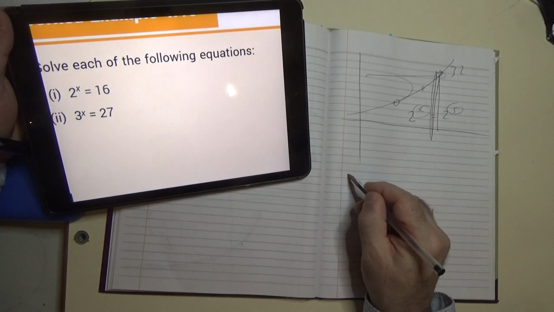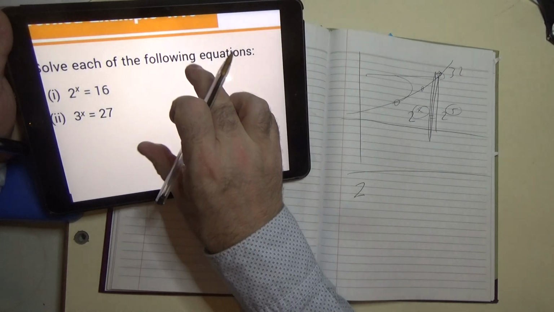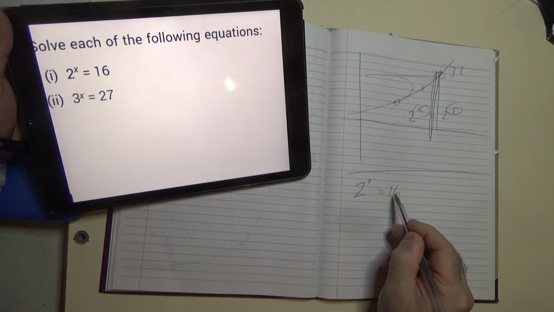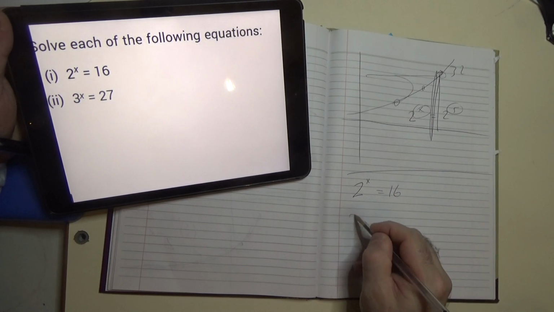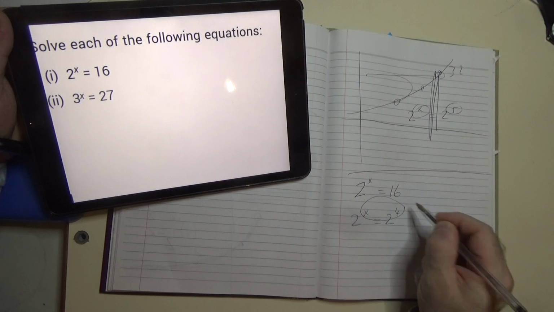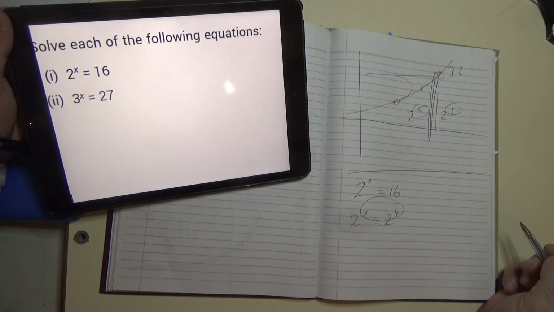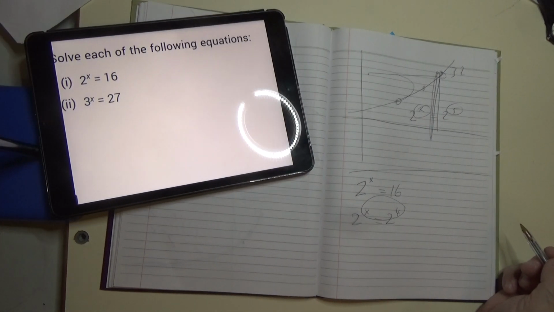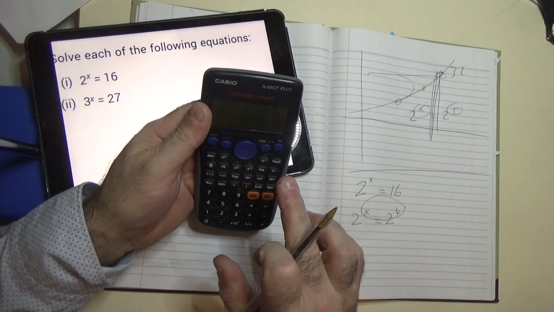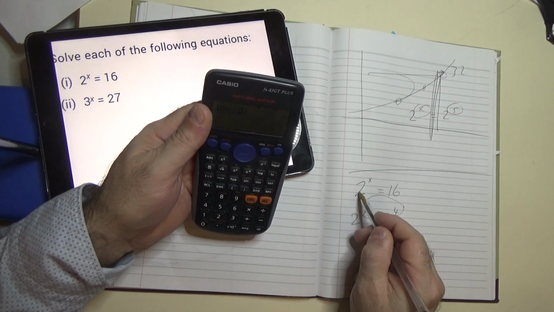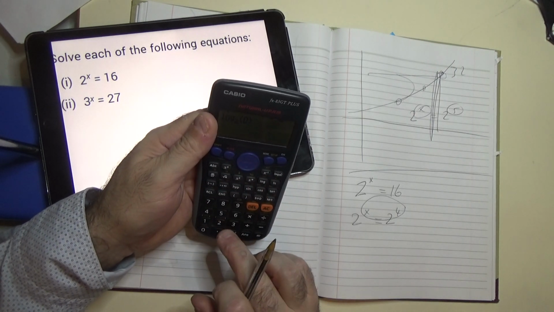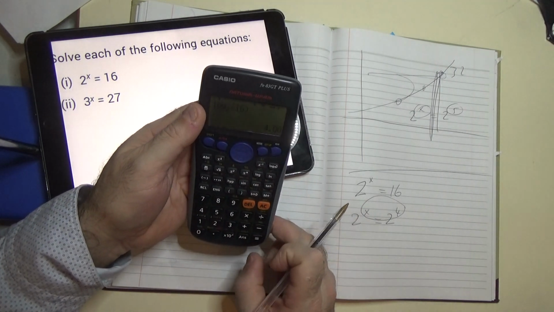Now the next one, and this is exercise 4.10. We have 2 to the x equals 16. Now if we could write this as a power of 2, we can use what we did in the previous question. So this is 2 to the 4, bingo. Okay? And if you don't know that, you do the log to base 2 of 16, and you get your answer of 4.